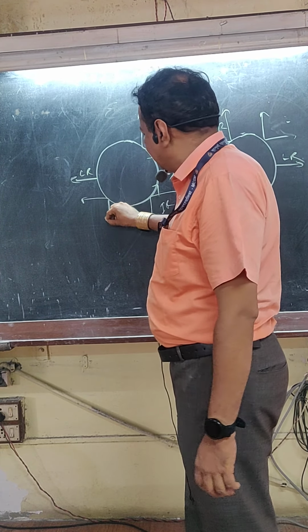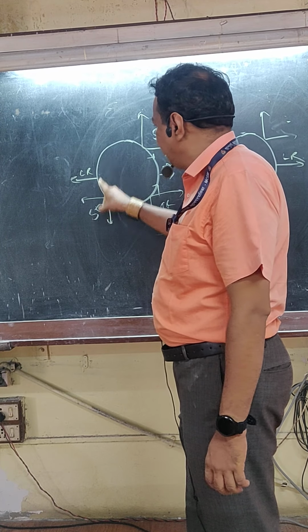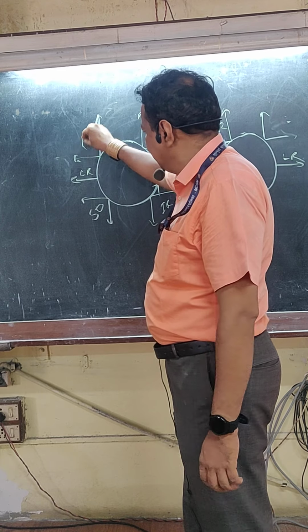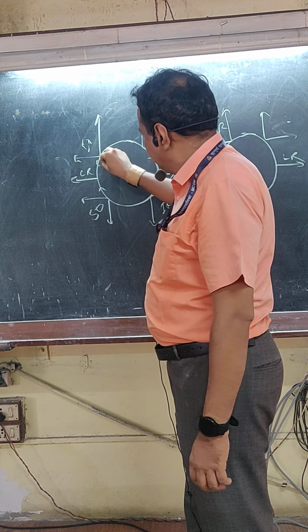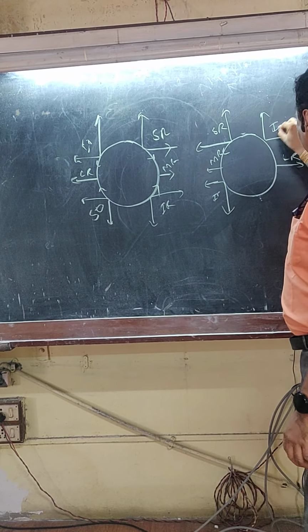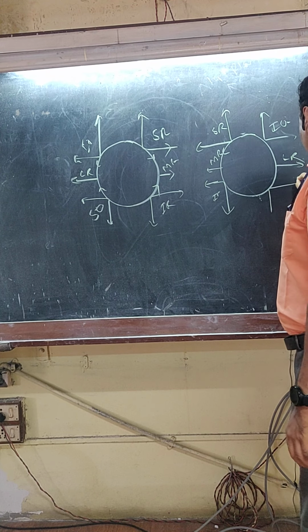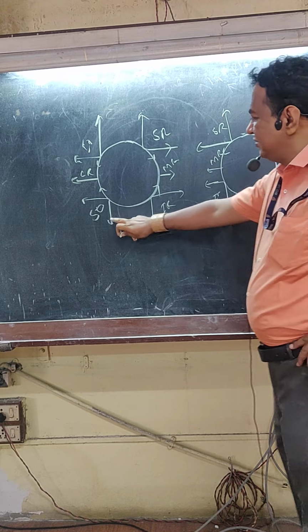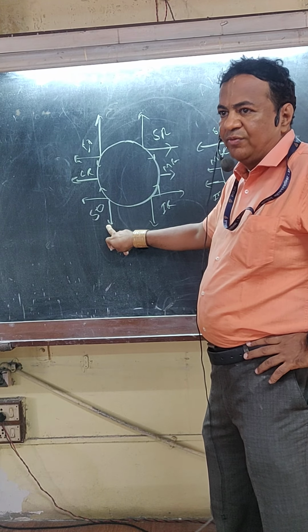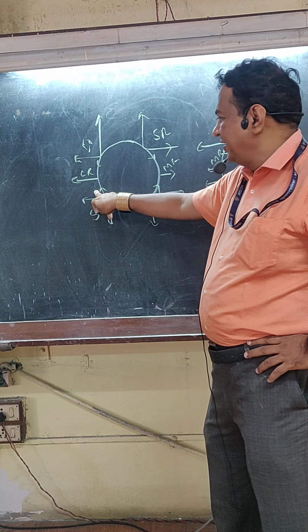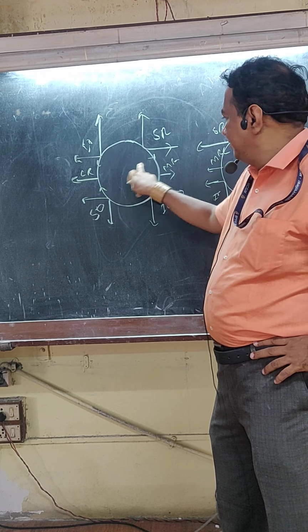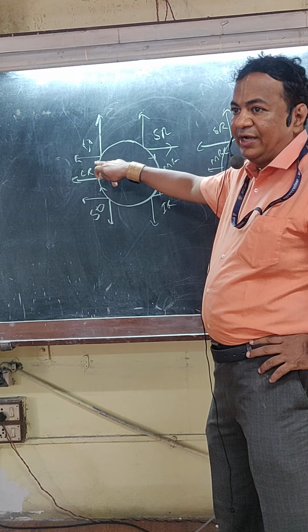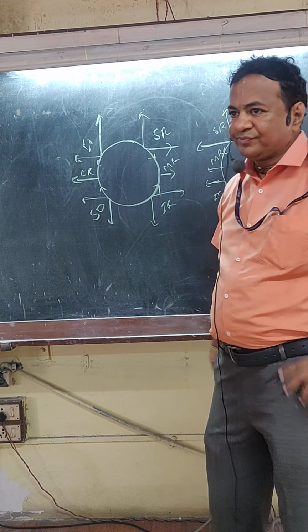Now we may expect superior oblique here, but superior oblique is here and inferior oblique is here. So what is the action of superior oblique? Downward movement, lateral movement and intorsion. Inferior oblique: lateral movement, upward movement and extorsion.